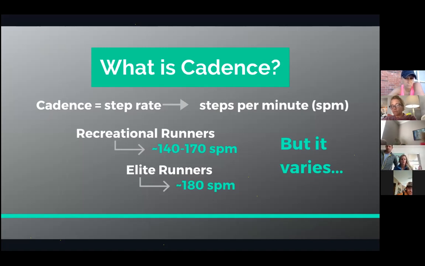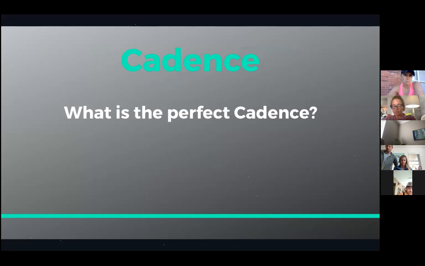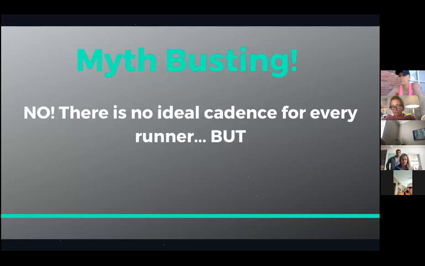So the question becomes, that's a good point, Kelly. What about leg length? I think that's an important consideration. Everyone's different, and so there's not a perfect cadence for everyone.